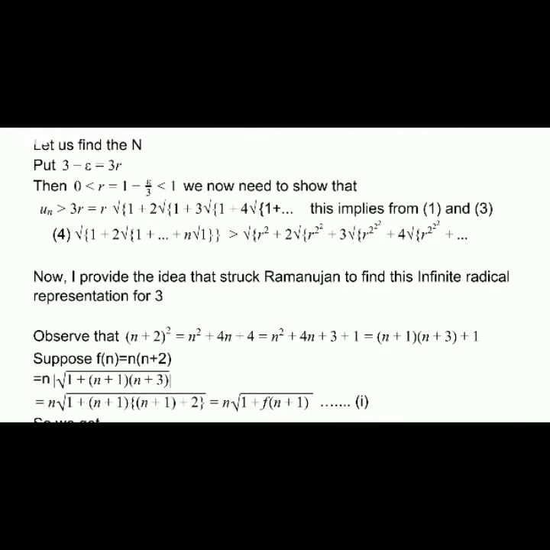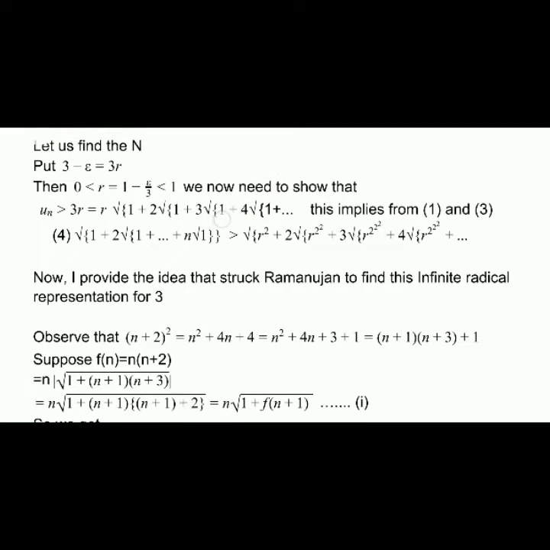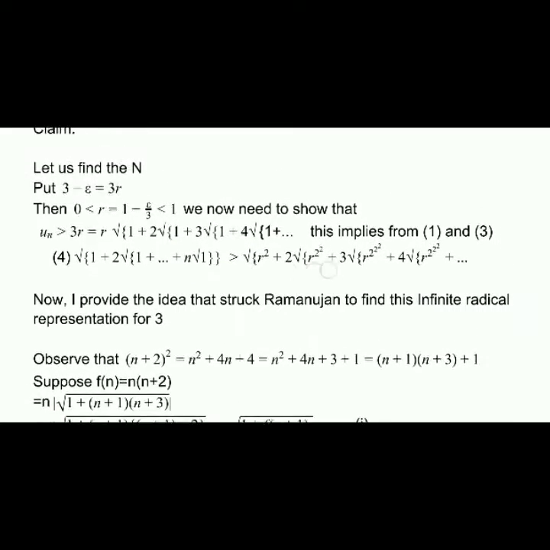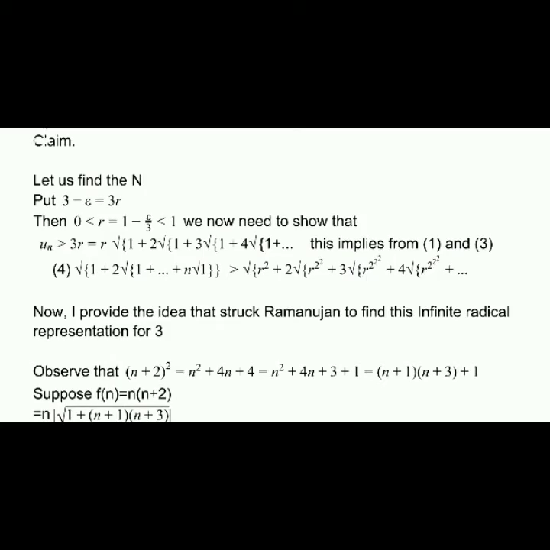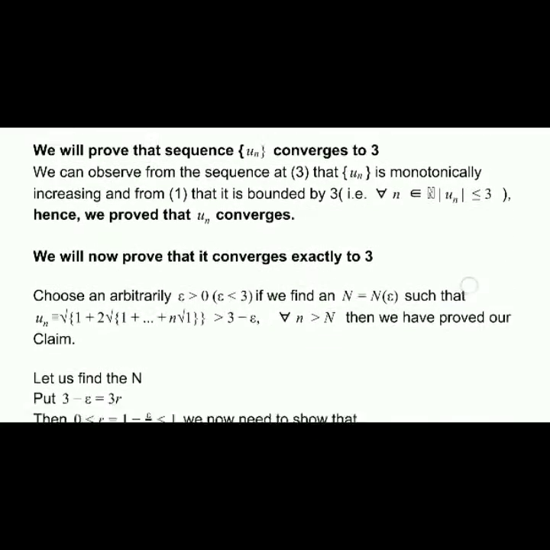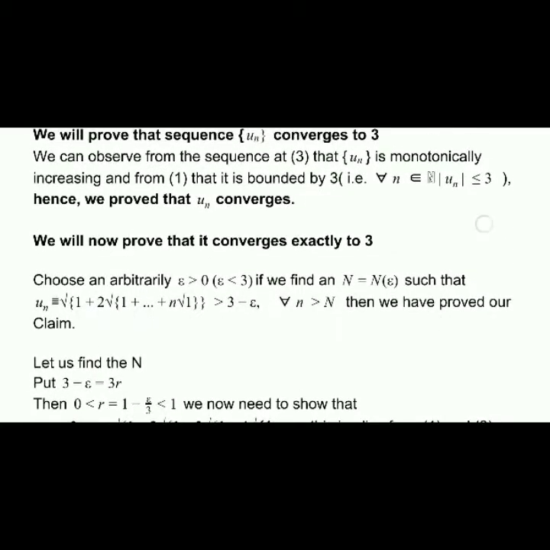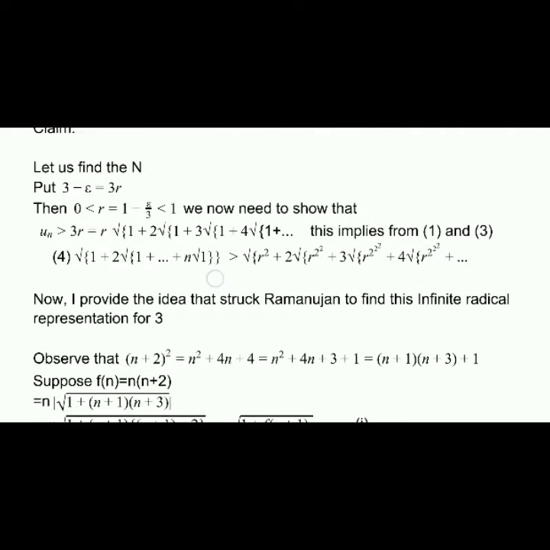I put the value of 3 here: root 1 plus 2 root 1 plus 3 root 1 plus 4 root 1, and so on. This value of 3 I will put here, so we get this thing. And for un, I am putting the value of un from here and putting the value 3 into r.